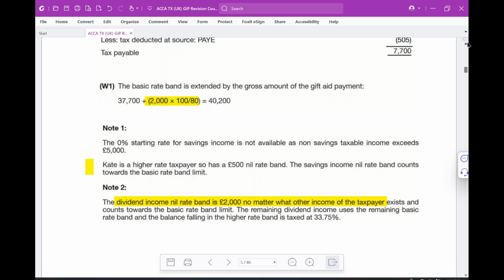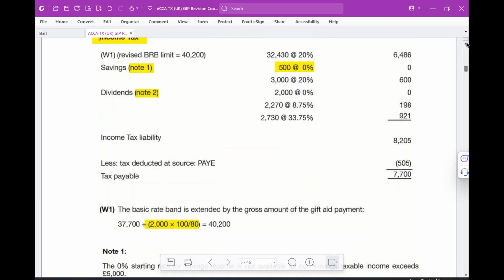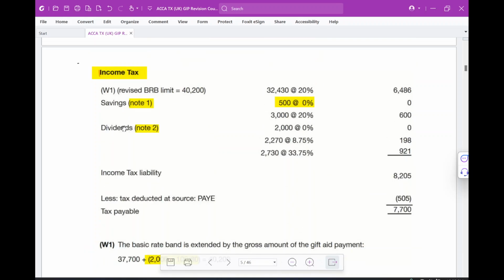If we look up top, what we'll see here is dividends, note 2, 2,000 at 0%. Now remember, this is across the board, regardless of the individual circumstance, regardless of any other income. So in one sense, when we look at the calculations so far, lines 1 to 4, the messy or tricky bits are invariably in the savings area, not so much in the non-savings, line 1, or indeed in the dividends.